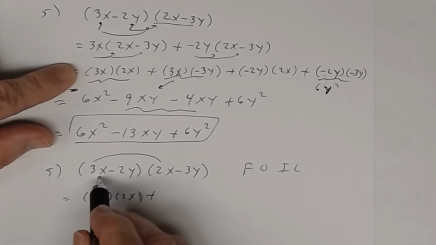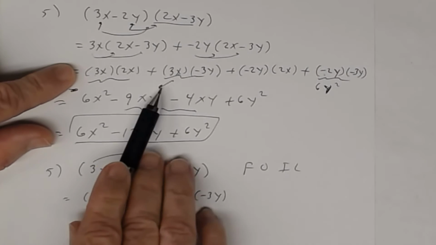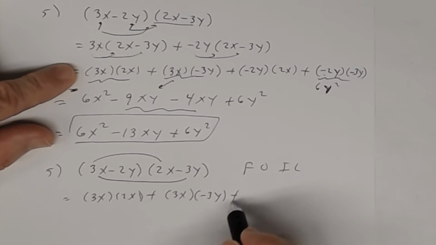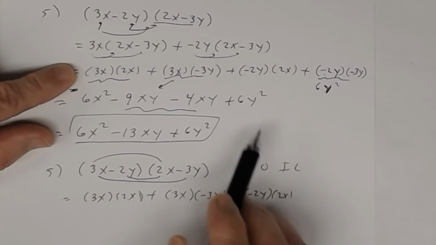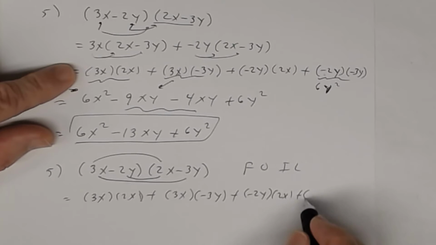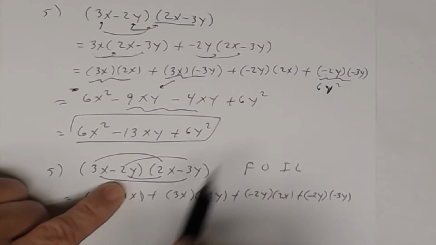Plus the outer, 3x times a negative 3y, the outside terms, which is this right here. Plus the inner, a negative 2y times 2x, which is this right here. Plus, and then the last, a negative 2y times a negative 3y, which is this right here.